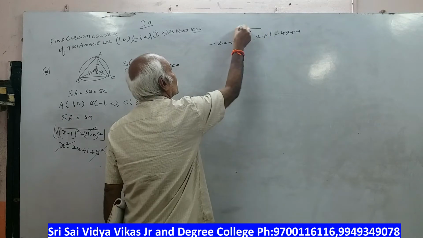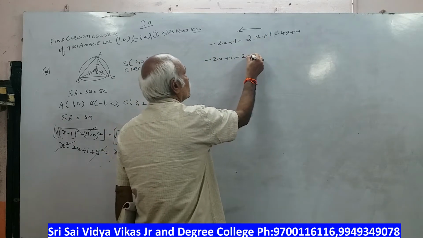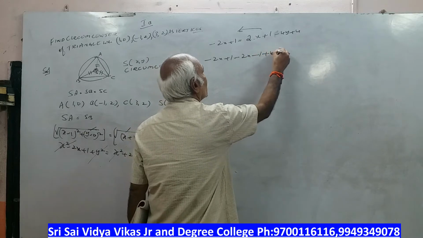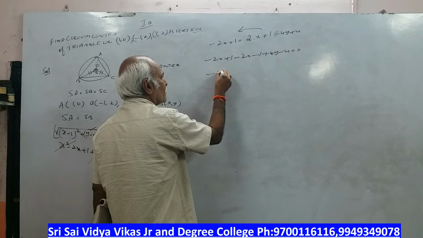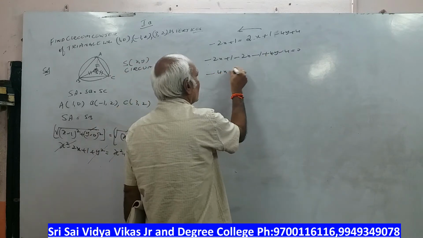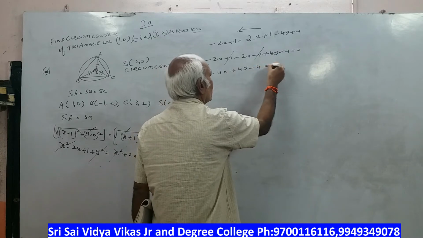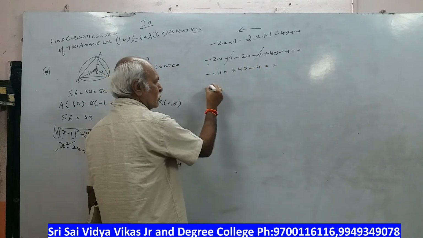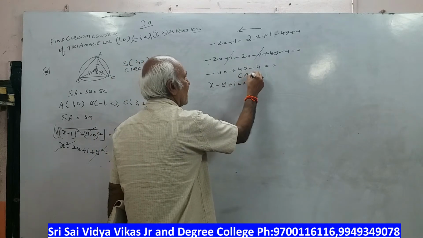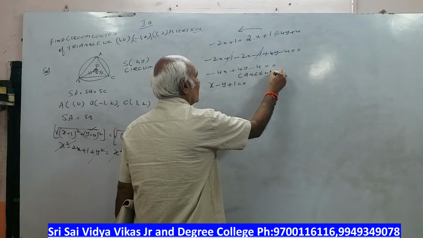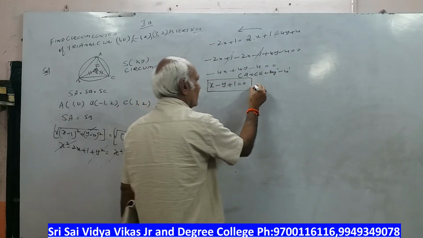Bring the terms to this side: minus 2x plus 1 minus 2x minus 1 plus 4y minus 4 is equal to 0. This becomes minus 4x plus 4y; plus 1 minus 1 cancel; minus 4 is equal to 0. Cancel with minus 4: x minus y plus 1 is equal to 0.